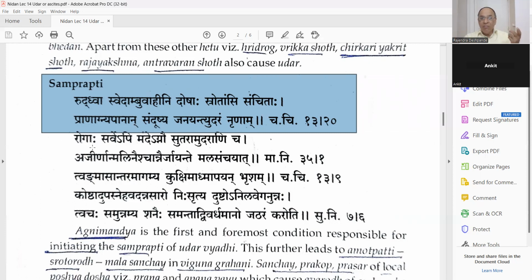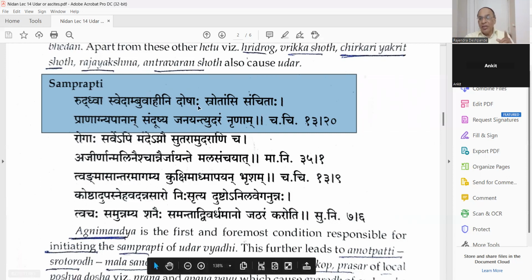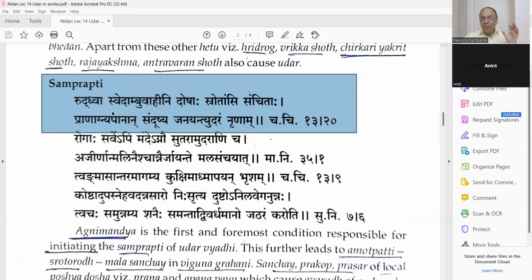Rudhva sved ambuvahini doshaha srotansi sanjitaha pranagne panan sandushya janayeti udaram nranam. Nruna means human being, man or woman.